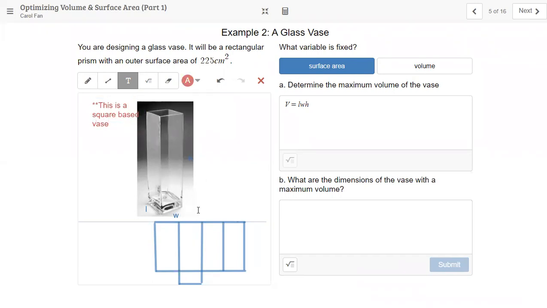So because this is a square-based prism, the length will equal the width. Since length is equal to width, let's use the variable b to represent the base.